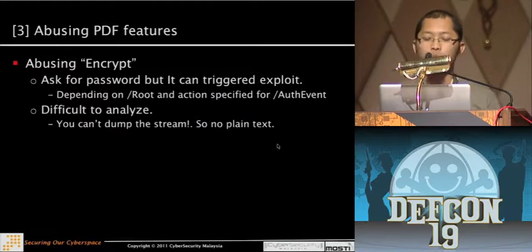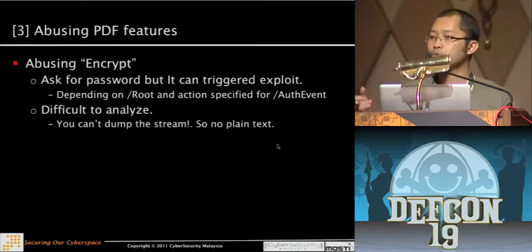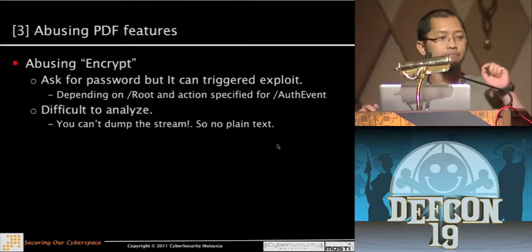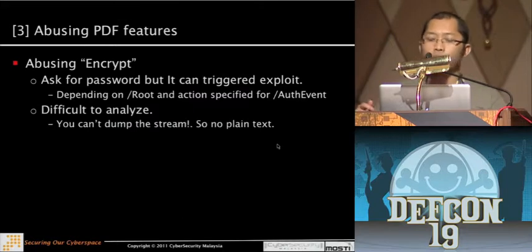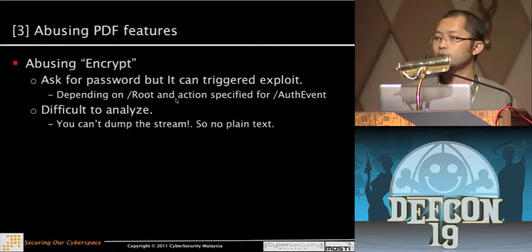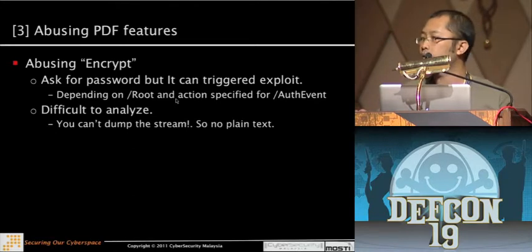Normally when you open a PDF, it will prompt you to enter a password. We have a sample where, depending on where /Root starts, while you are busy entering the password, it can already drop an exploit that triggers the exploitation. Of course, it also depends on the event, like the auth event.